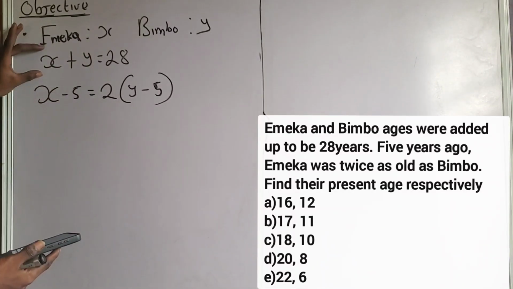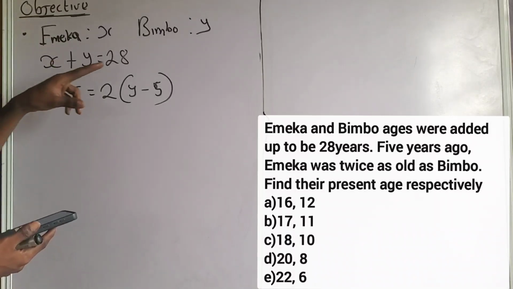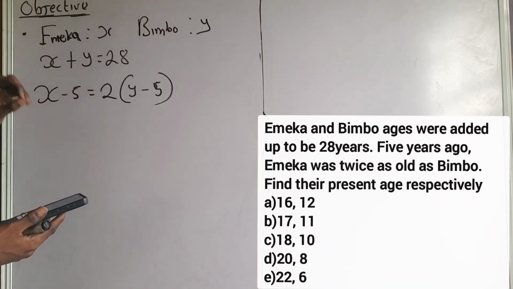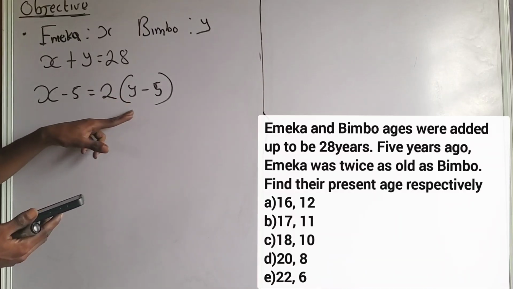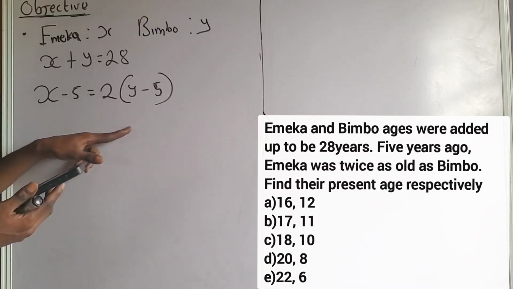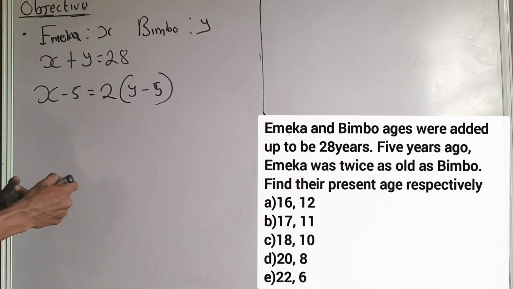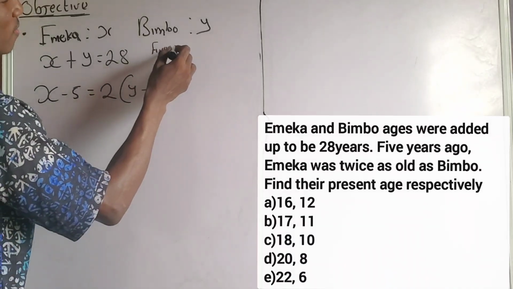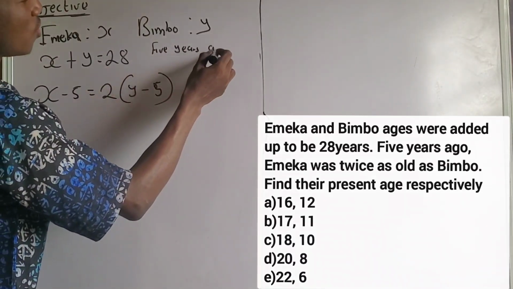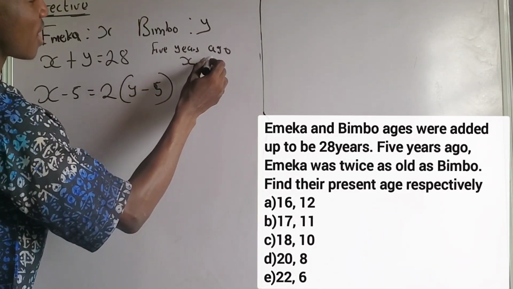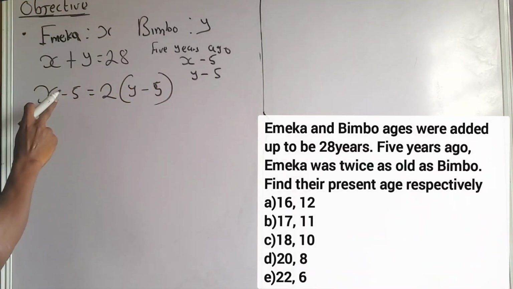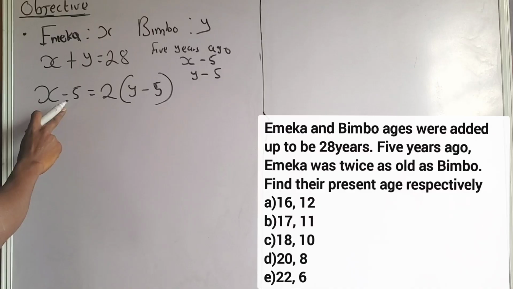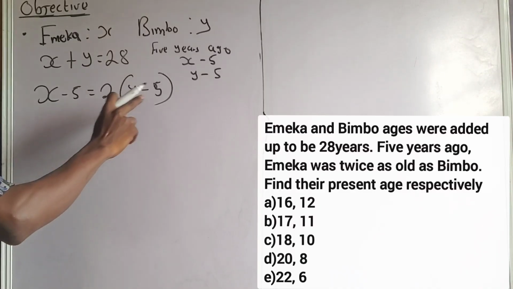The sum of their present ages is 28. 5 years ago will be x minus 5 and y minus 5. So 5 years ago, Emeka's age is 2 times Bimbo's age.